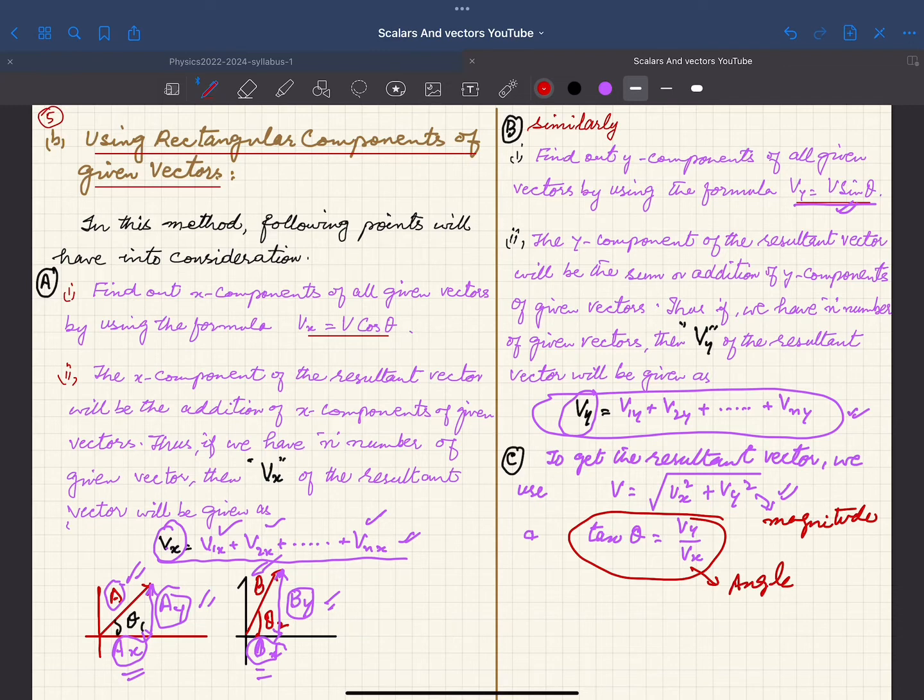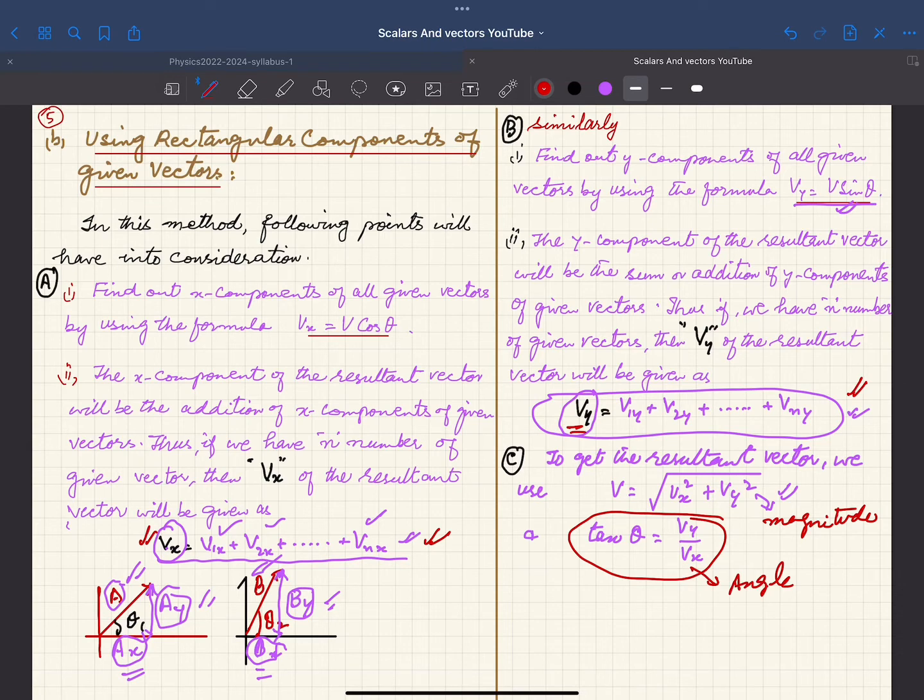So when you have to use the rectangular component method, you have to resolve the given vectors into their respective x and y components. When you add all x components, you get the x component of the resultant vector, and when you add the y components of all vectors, you get the y component of the resultant vector.